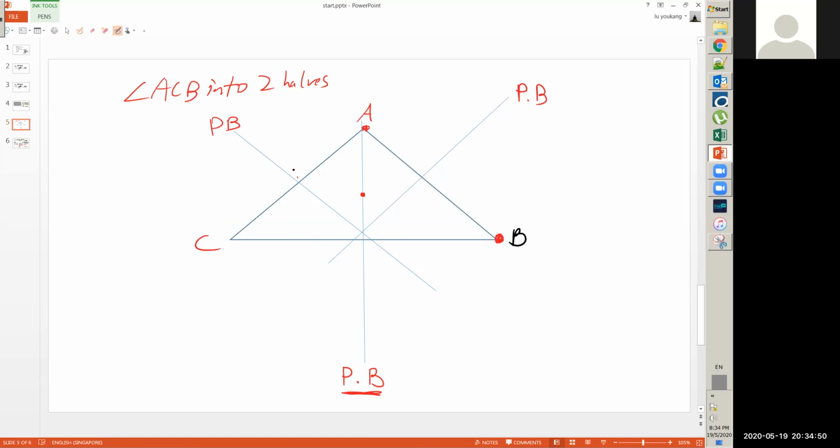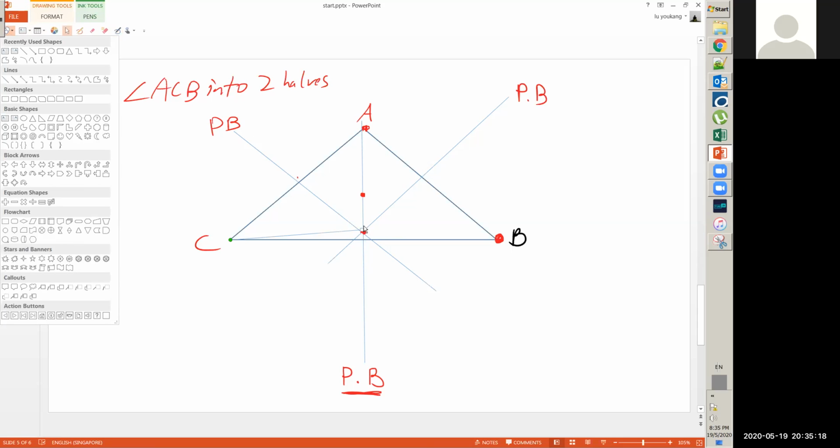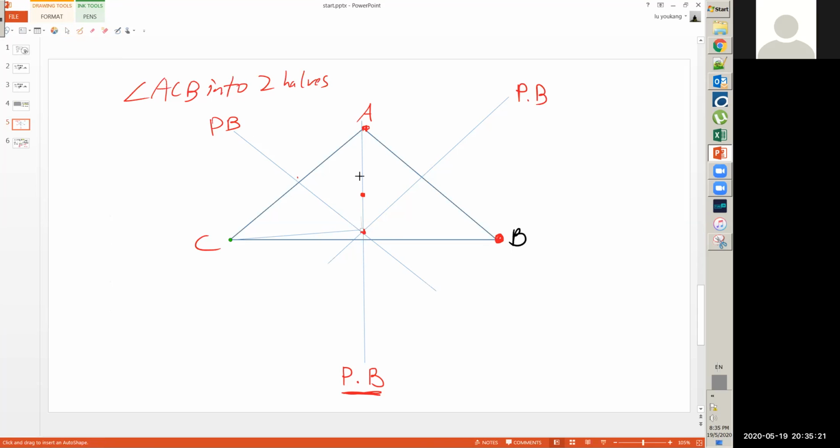Do you see that you have this point where they align with each other, or intersect? This point here, what do you think? Isn't it equidistant to C, A, and B?